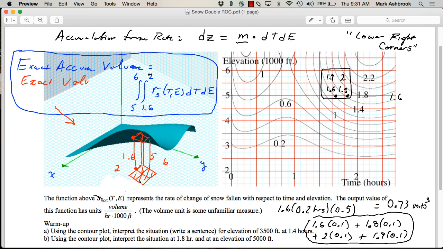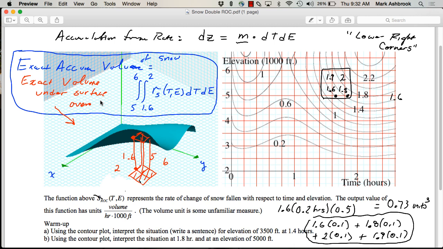The blue one's volume of snow, which is totally different than adding up these columns and then making them small enough so that you get exact volume under the surface over that square region.